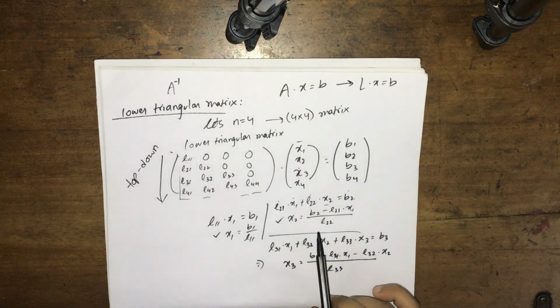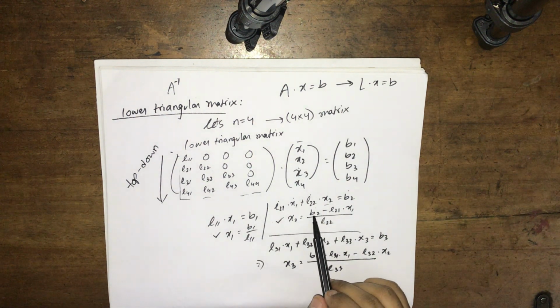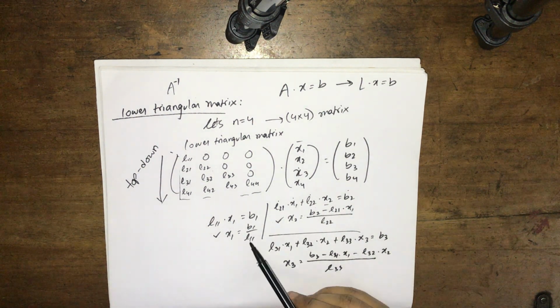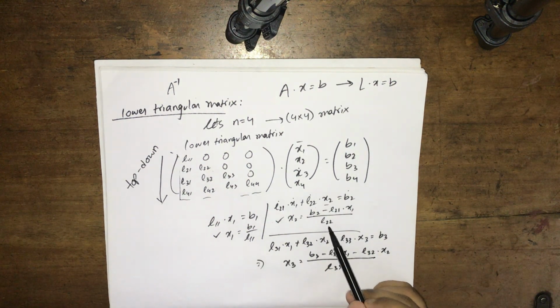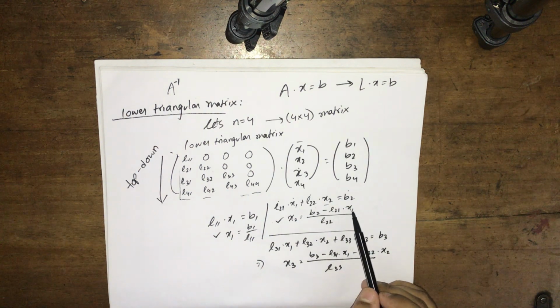So we can basically see a pattern here of some kind. Check it out: we can basically see a pattern here. Here b1 comes, for x2 it's b2, for x3 it's b3, and divided by their respective L11, L22, L33, right? And minus L21 multiplied with x1.